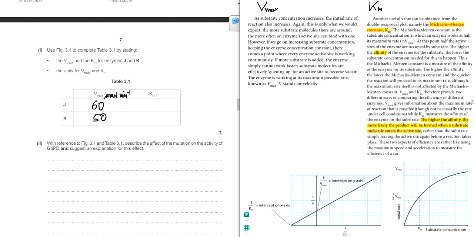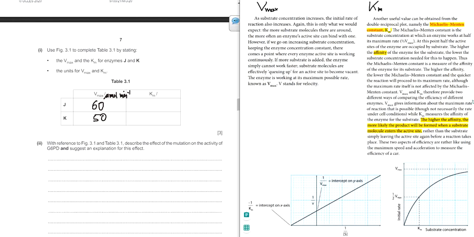Vmax gives information about the maximum rate of reaction that is possible, though not necessarily the rate under cell conditions, while Km measures the affinity of the enzyme for the substrate. The higher the affinity, the more likely the product will be formed when a substrate molecule enters the active site, rather than the substrate simply leaving the active site again before a reaction takes place.